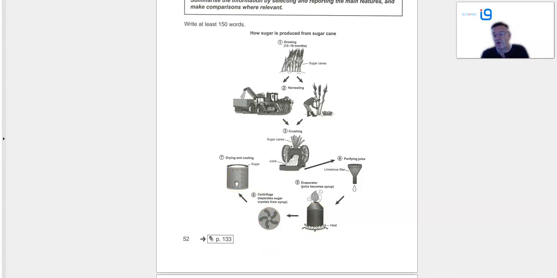So this one's pretty straightforward. Now, sometimes if it's like a diagram, like a weather kind of thing, there's no clear stage count, 1, 2, 3, 4, 5, 6, etc. So for those, you need to be a bit cautious. But for this one, pretty straightforward, as I say. So let's take a look at mine first, then we'll take a look at yours.